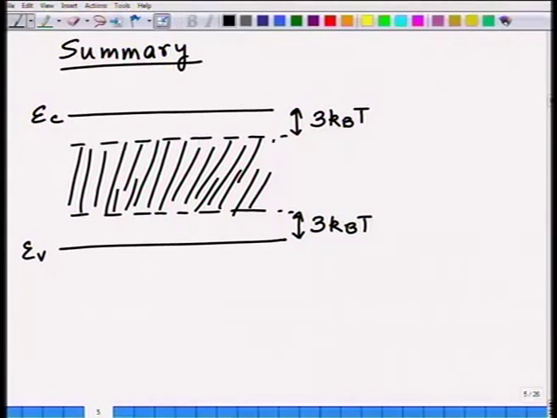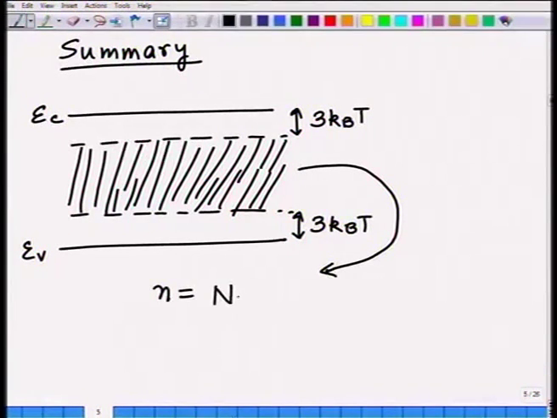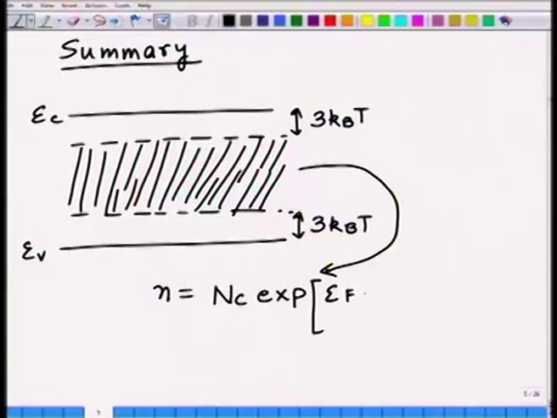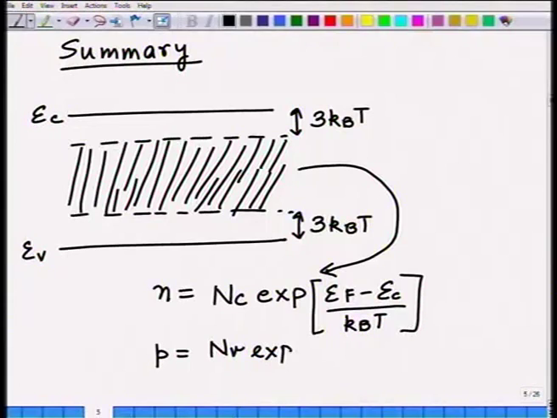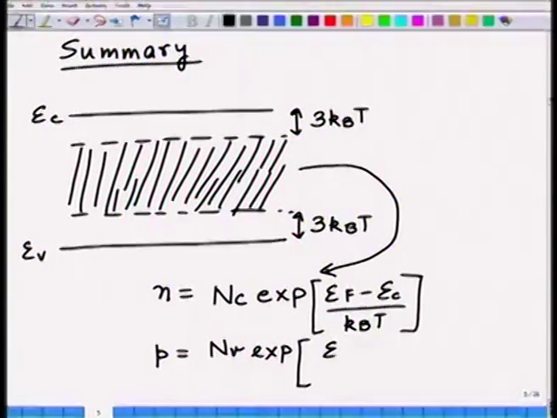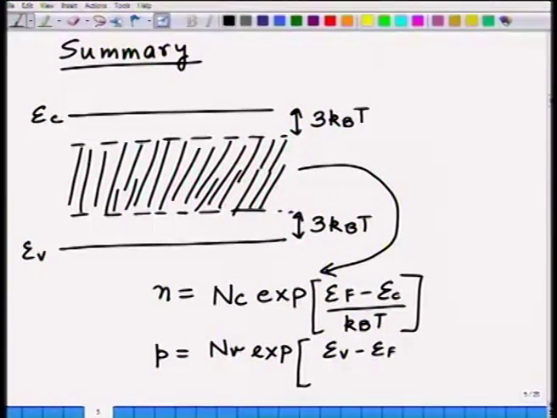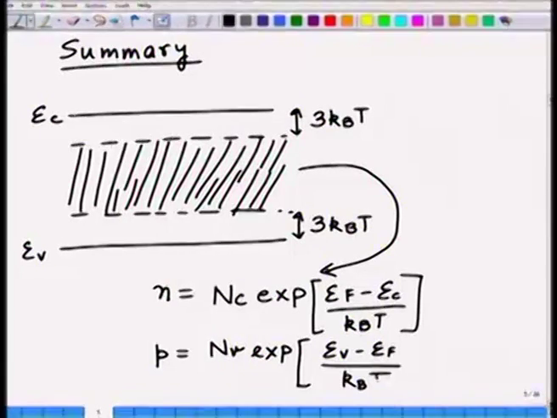When Fermi energy lies in this region, then I can write n as equal to Nc e to power Ef minus Ec by kBt, and I can write P as equal to Nv e to power Ev minus Ef by kBt.